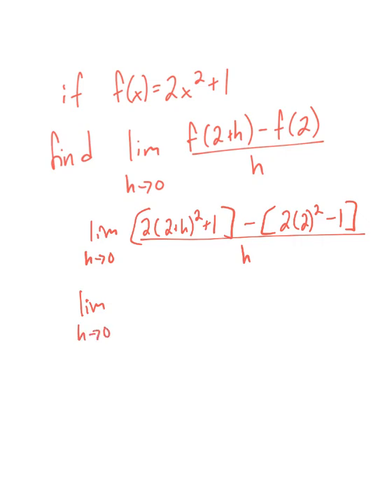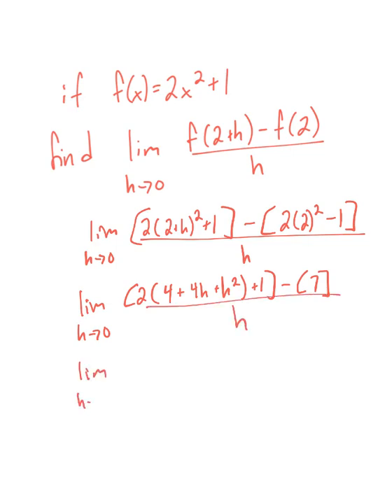So if I simplify, I've got 2 times 4 plus, we'll just clean it up a little bit here, 4h plus h squared plus 1 minus 2 squared is 4, 4 times 2 is 8, plus 1 is 9, all over h. Still taking the limit, so I've got 8 plus 8h plus 2h squared plus 1.